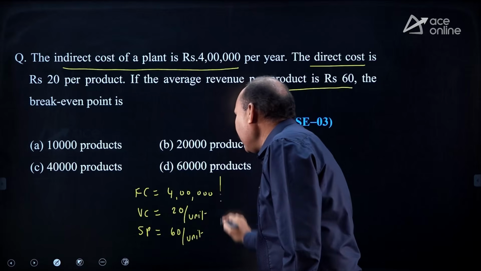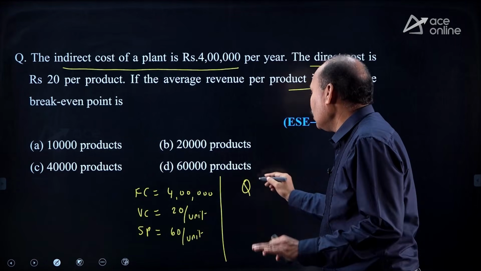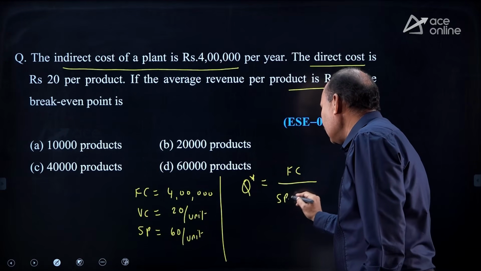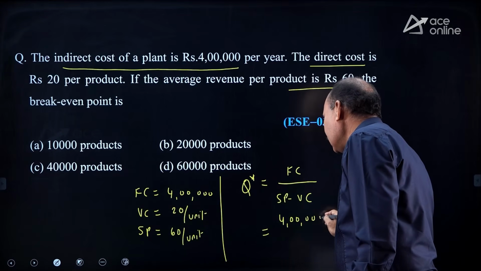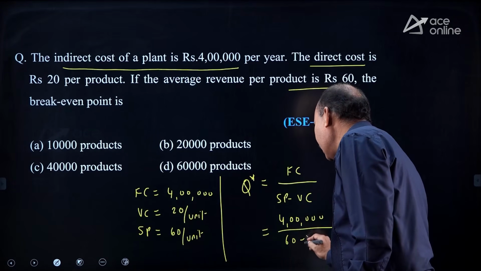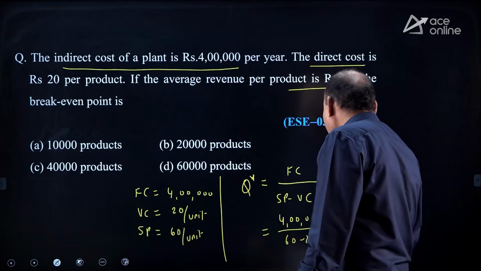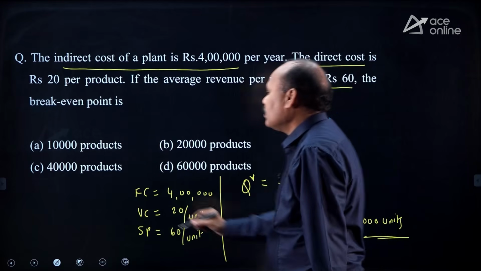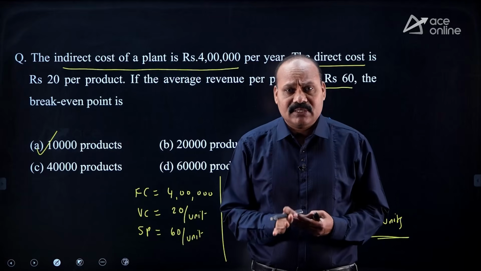We have to find the break-even value in terms of number of units. So Q star is equal to FC divided by SP minus VC. It's formula oriented. 4 lakhs divided by 60 minus 20, so it is equal to 10,000 units. 10,000 products. So in the examination, you may get questions like this.